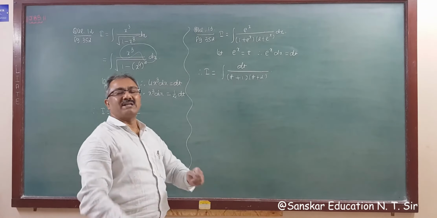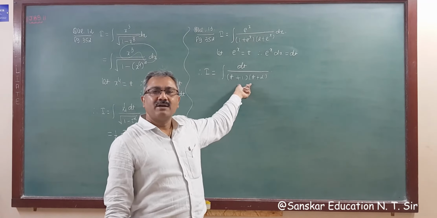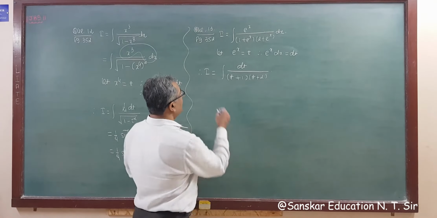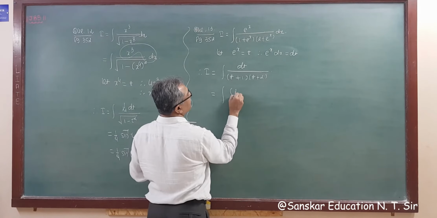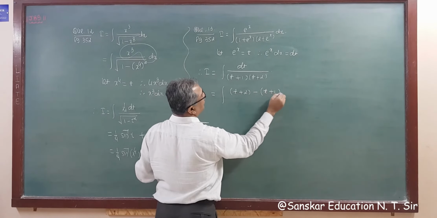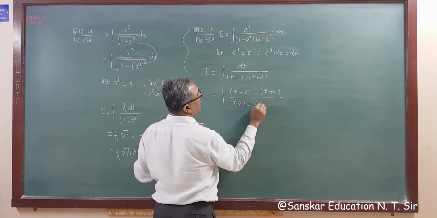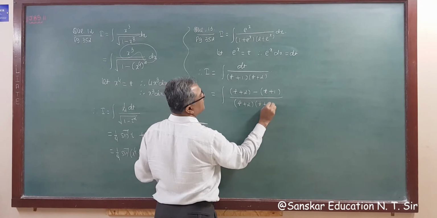Now you are able to adjust the factor in the numerator instead of using the partial fraction method. So I am writing here t plus 2 minus t plus 1, whole upon t plus 2 and t plus 1 dt. So the numerator will become 2 minus 1, which is 1.